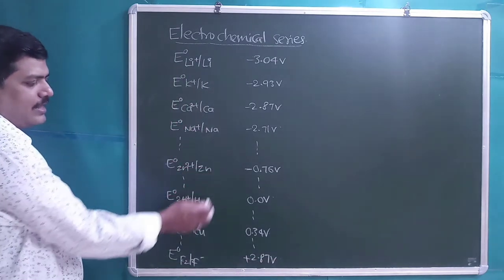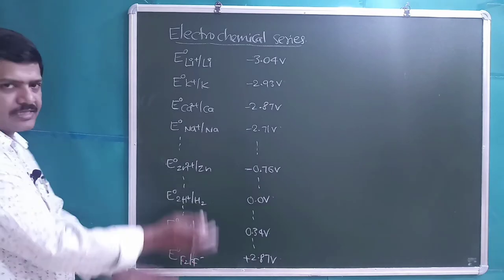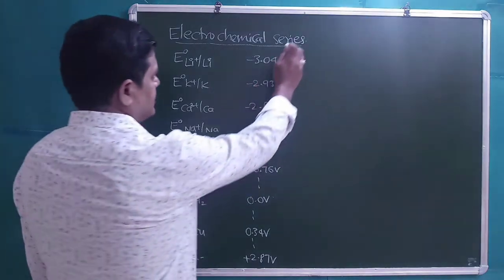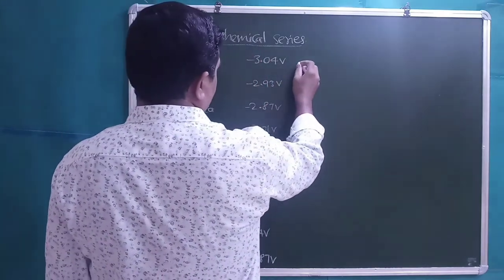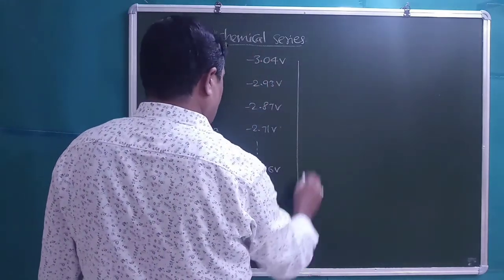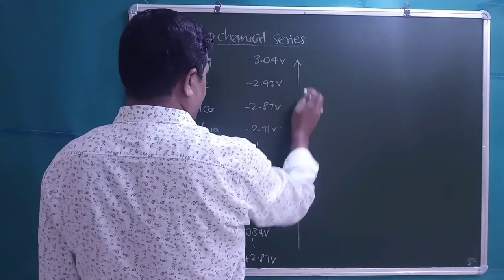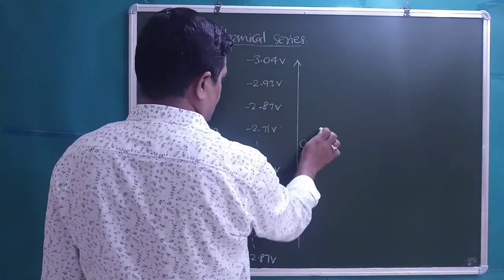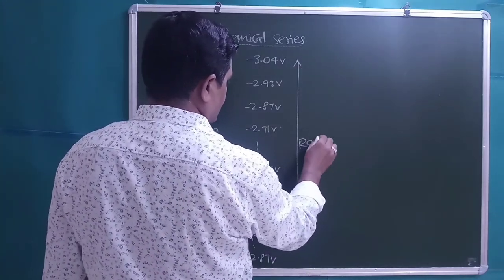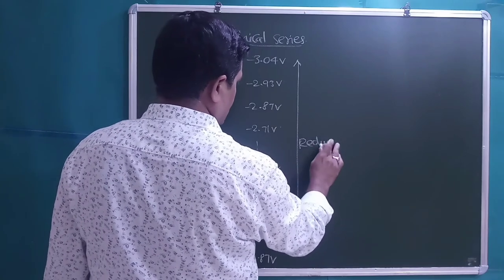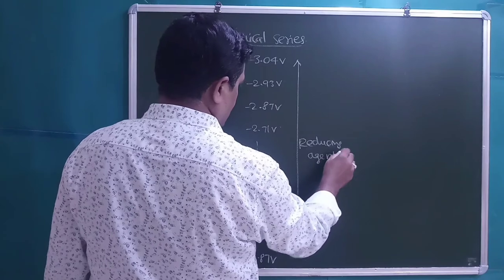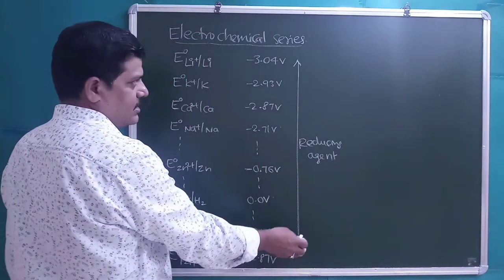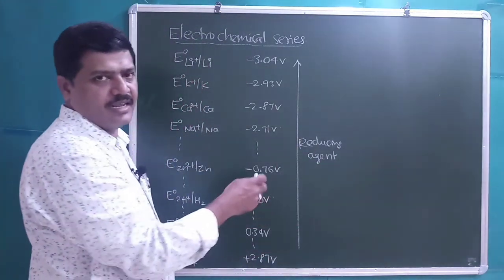Students, we can also represent this in reverse, right? But the metal which has a more negative reduction potential is a reducing agent. It is the increasing order of reducing nature.